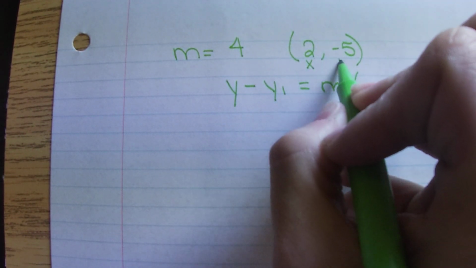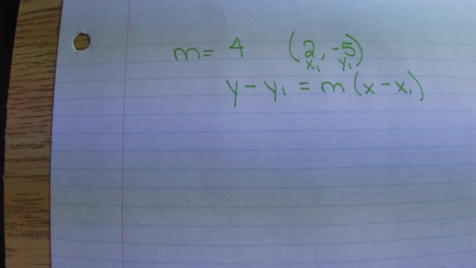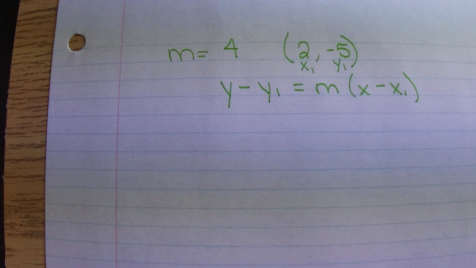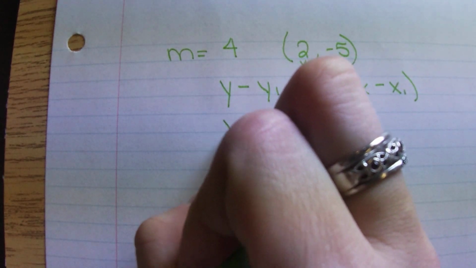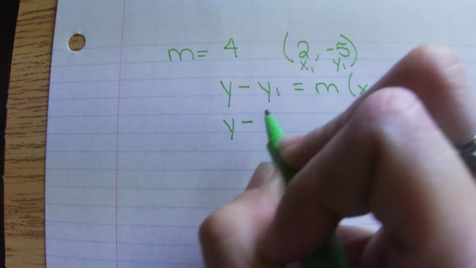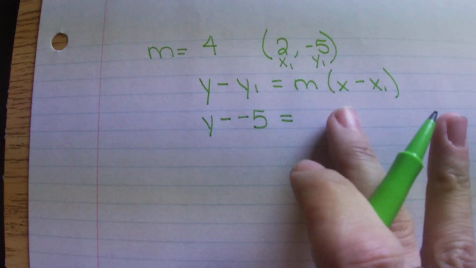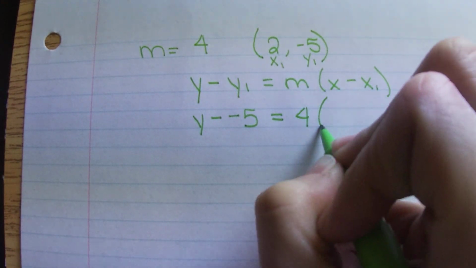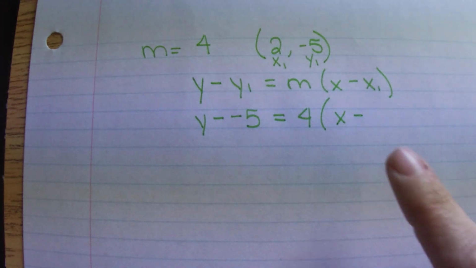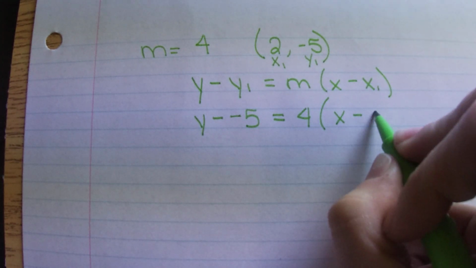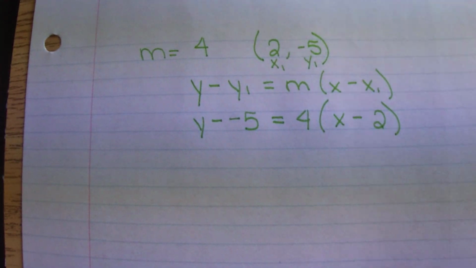This is an ordered pair, x comma y, and it's our first one given to us. So we would start replacing each variable with its matching number. So y minus y sub 1 is -5 equals m, which is 4, times x minus x sub 1, which is 2.